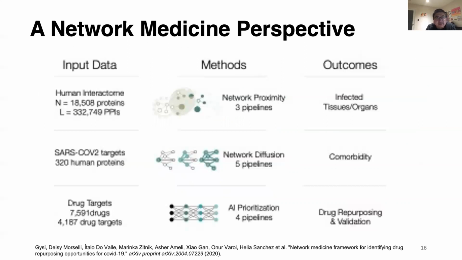And so this is their input, their pipeline. They have worked out multiple different ways to implement the network medicine perspective.